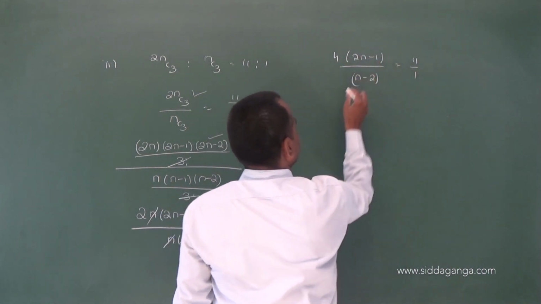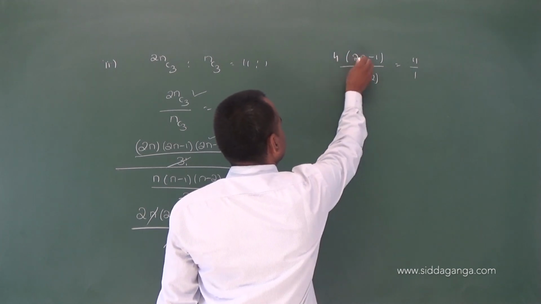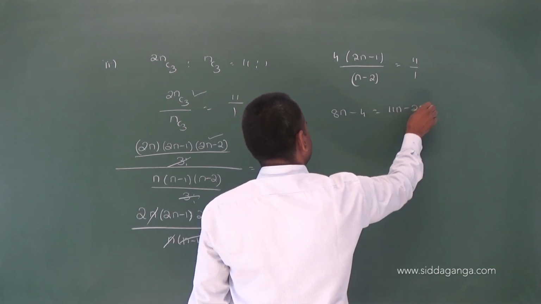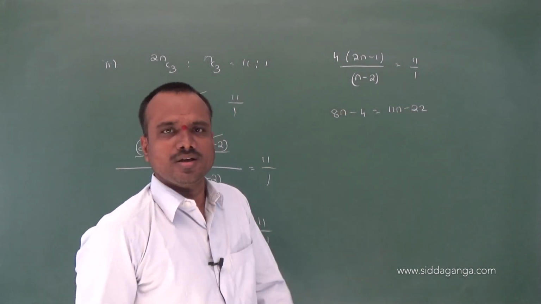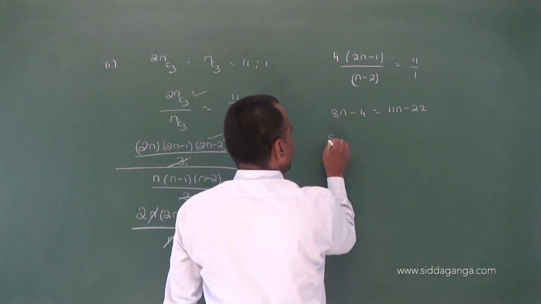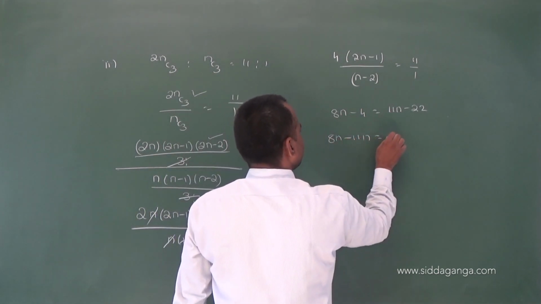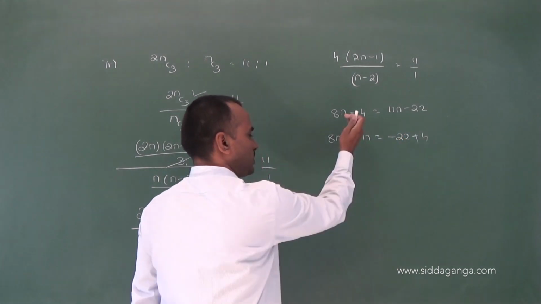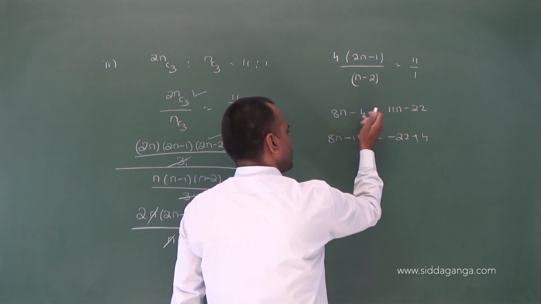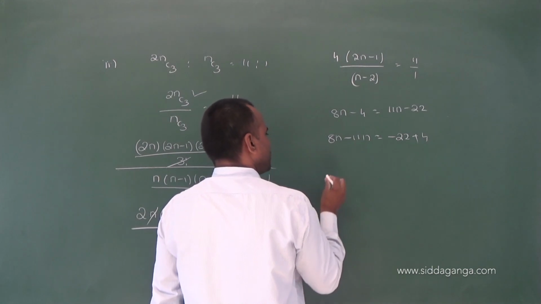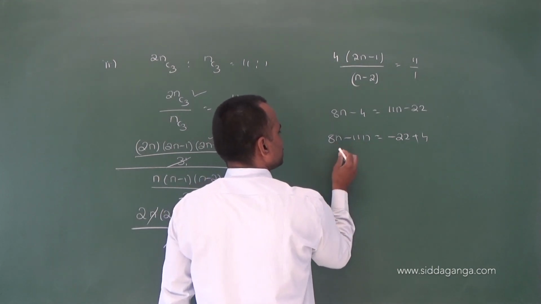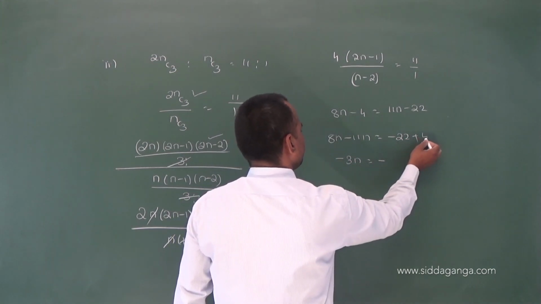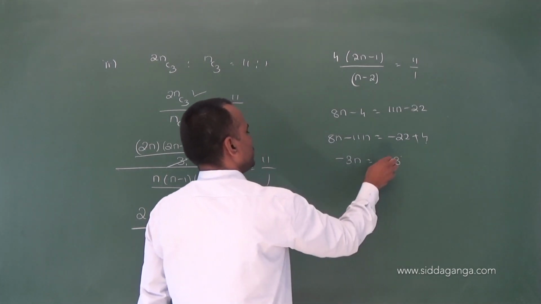So, cross multiplying: 4 twos are 8N minus 4 equals 11N minus 22, correct? Shifting 11N and 4, minus into minus becomes plus, so from left side to right side, minus 4 becomes plus 4. 8N minus 11N is minus 3N, and minus 22 plus 4 is minus 18.